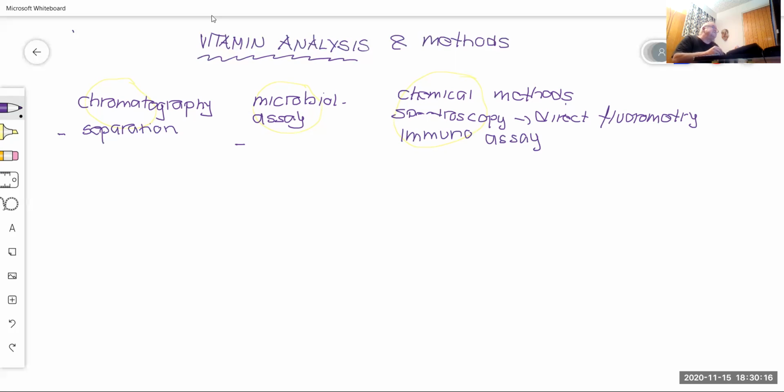But let's say that's a physiological response. And in chemical methods, what you are actually looking for, you're looking for different chemical or physicochemical characteristics.